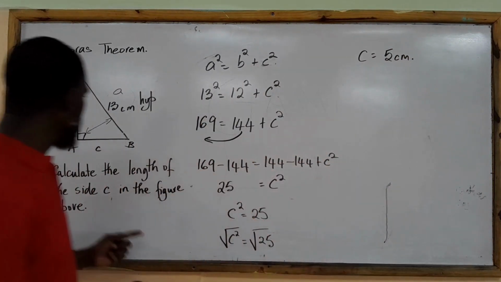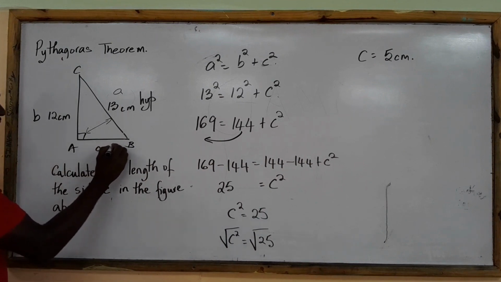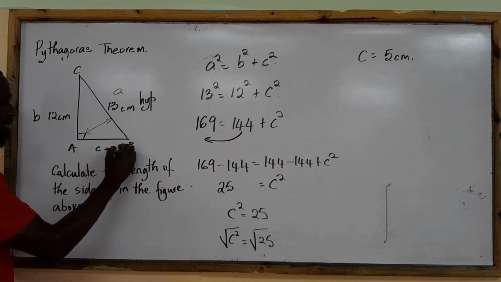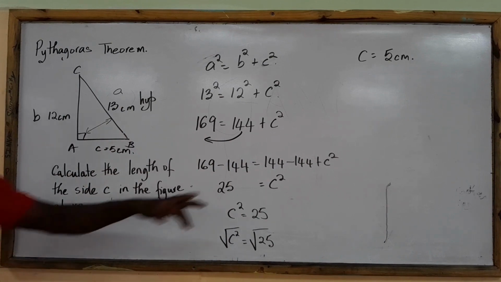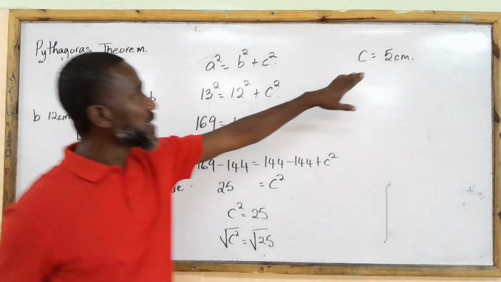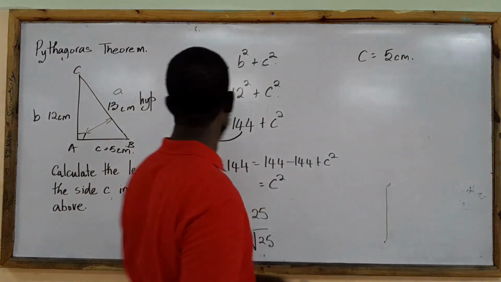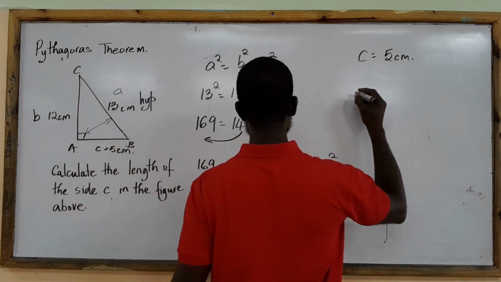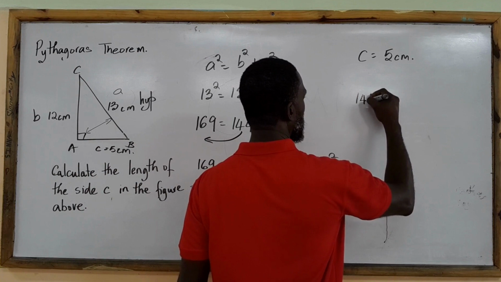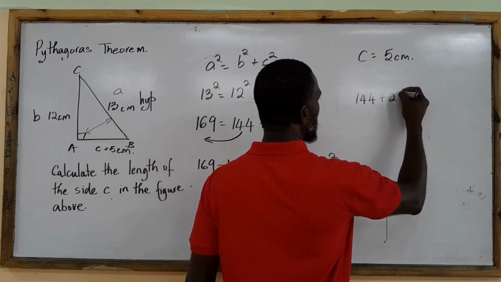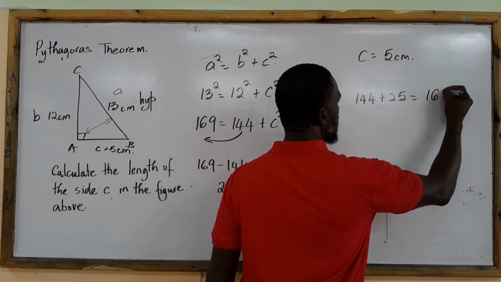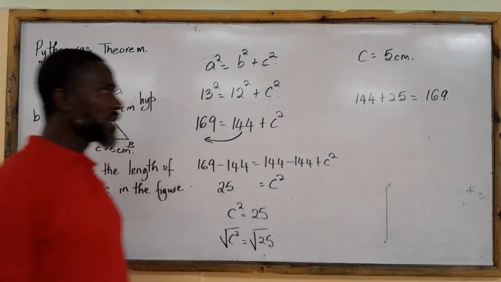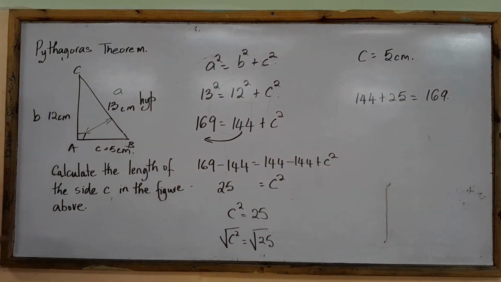The length of side C is equal to 5 centimeters. Does that make sense, people? Let us check. 5 squared is 25, and 144 plus 25 is equal to 169. So it makes sense.